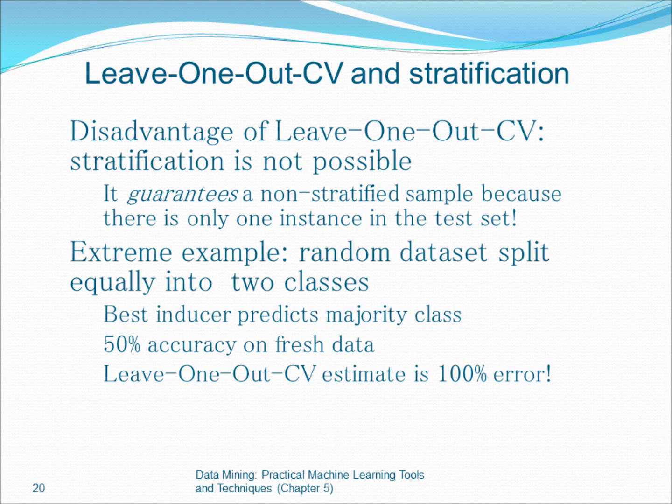But how many times of computation are you going to do? 14 times 14 times of the computation, because each time you leave 1 out and then do another 14. 14 is no big deal. But if this is 140, 140 times 140, you have to do how many times?